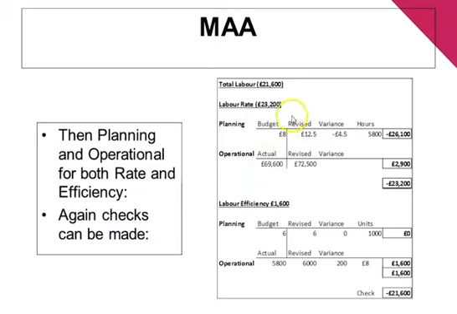So for labour rate, we're looking at cost, and for efficiency, we're looking for hours. For materials, you think about price, you're looking at cost, and then for usage, you're looking at planning and operational variances based on usage, on kilograms maybe. That's the most common item, but it can also be things like litres.